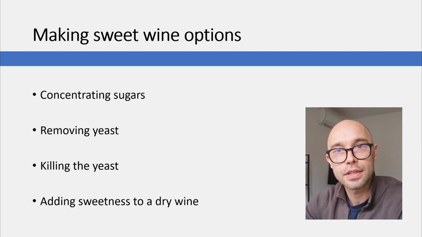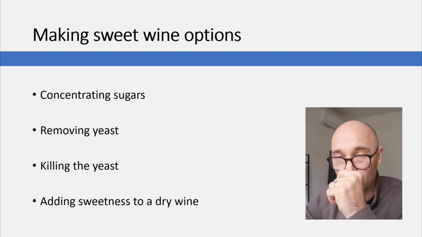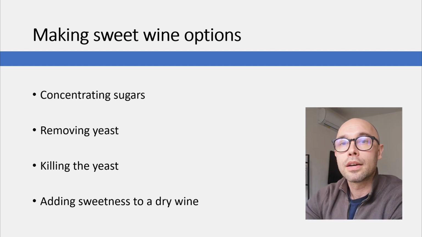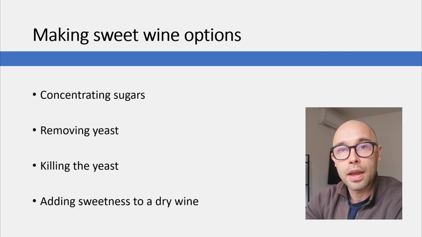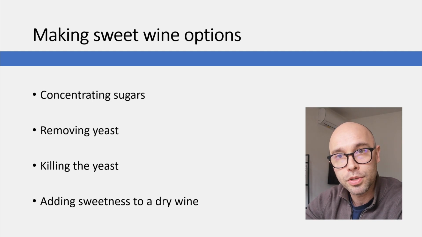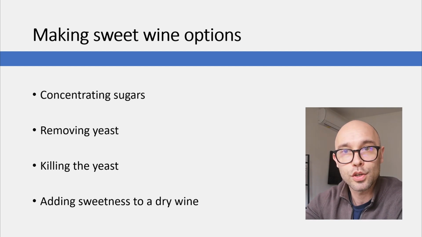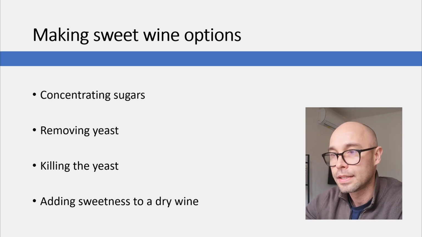It's more, I would say, precise, but it doesn't give the most balanced wine. So in order to do this, winemakers can actually mix dry and sweet wines. They can add unfermented grape juice, or they can add concentrated grape juice. It's like adding sugar to your coffee.